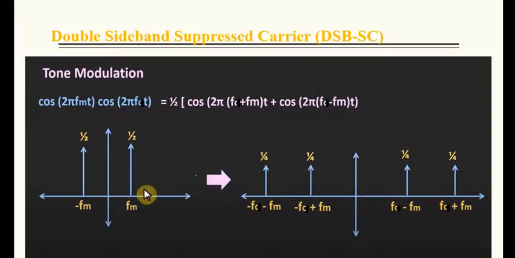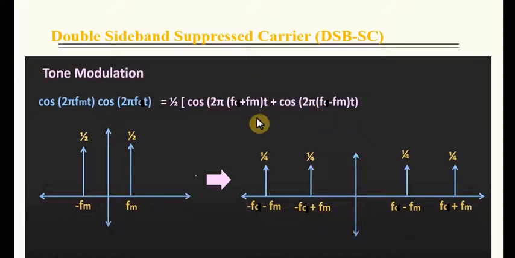Now for the product of the two, cosine 2 pi fm t into cosine 2 pi fct, it will be using the trigonometric identity as well. We will express it as shown here in this equation.